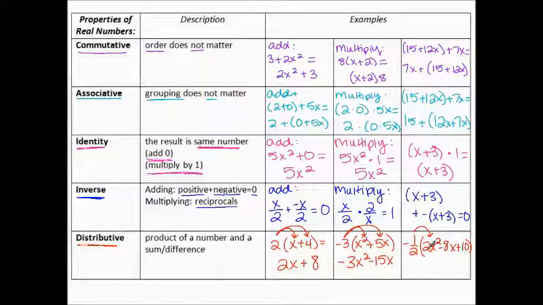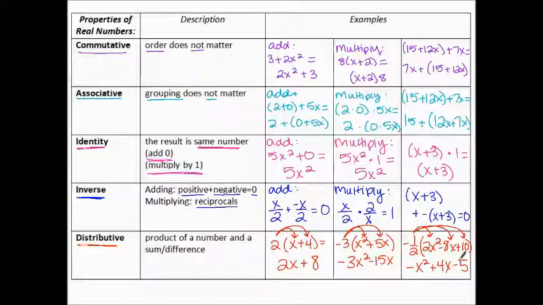So negative 1/2 times 2 is negative 1, but I can just write a negative, and I'm going to bring down my x squared. Negative 1/2 times 8 is positive 4, and because I have an x, positive 4x. And lastly, negative 1/2 times 10 is minus 5, and I have no x's on that, so it's just minus 5. There is my solution.